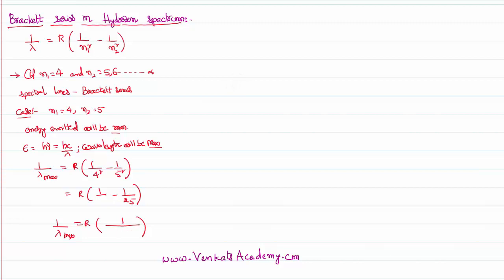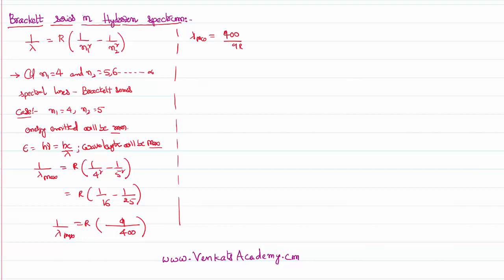Yeah, we need to make a small correction: 4 square is 16. So 16 times 25 is 400, and 25 minus 16 is 9. So 1 by lambda maximum is 9R by 400. Simplifying this further, lambda maximum is equal to 400 divided by 9 times Rydberg constant.